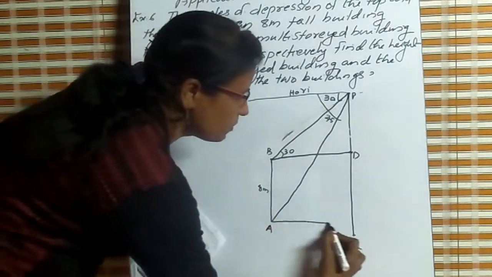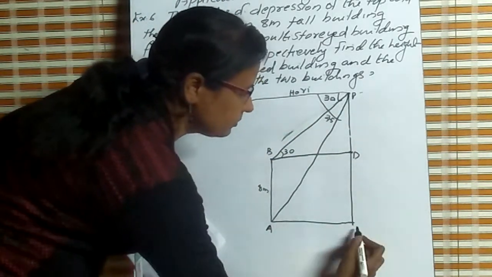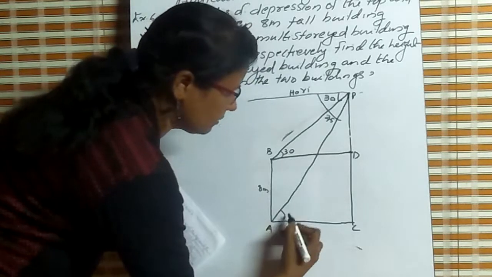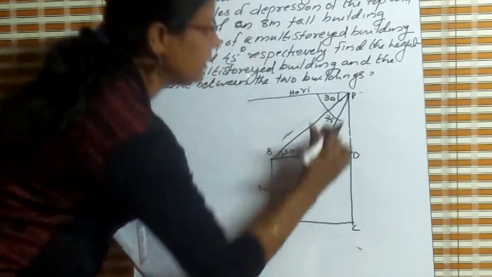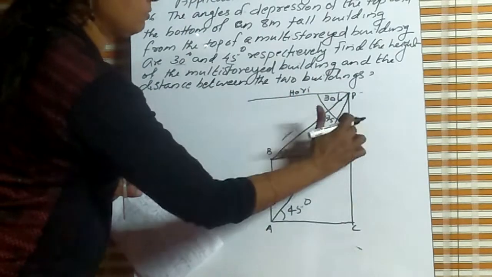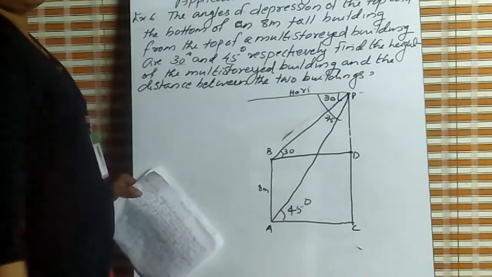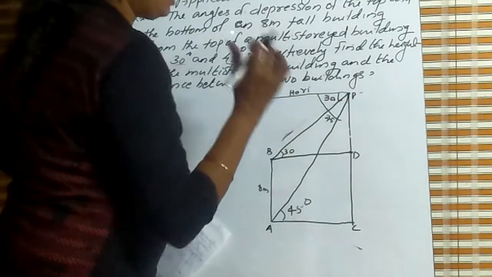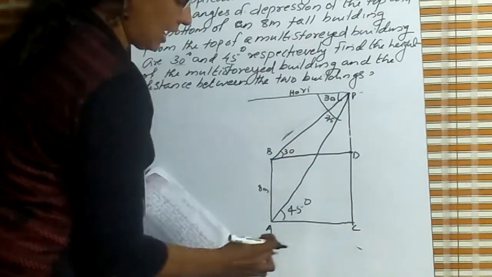So we draw the horizontal. This angle is also 45 degree. These two angles are alternate angles, so they are equal. Now we have to find PC and AC.